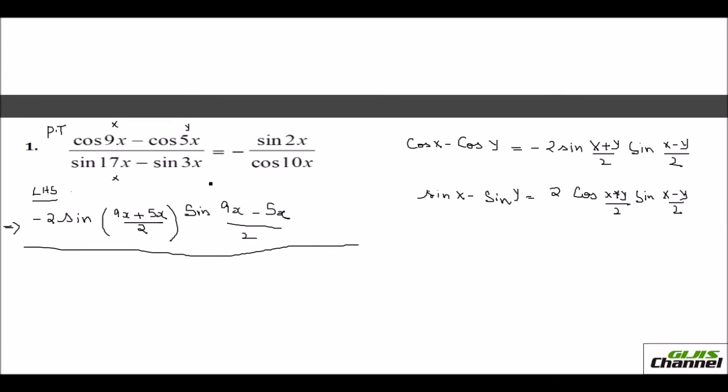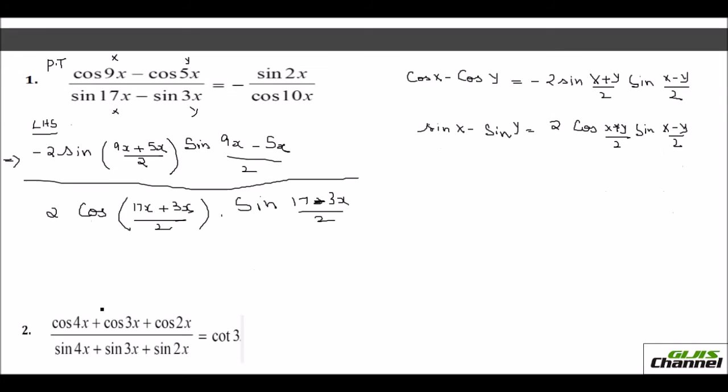Take this as x and this as y now. So it would be 2 cos((17x plus 3x) over 2) and here it is sine((17x minus 3x) over 2). Okay. This is the formula.